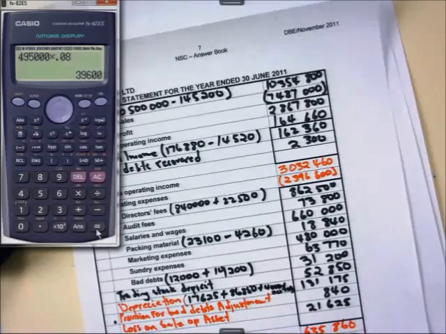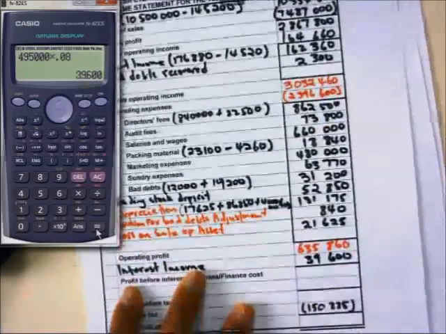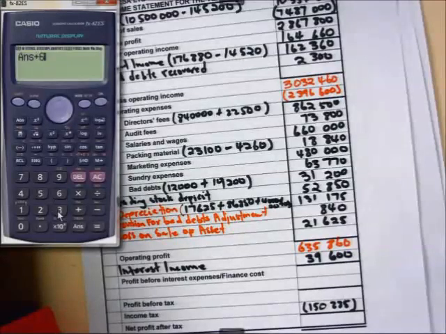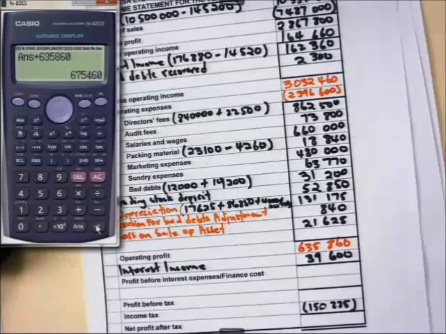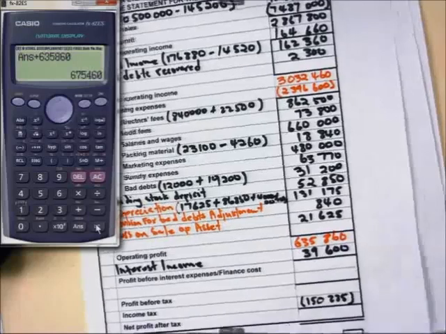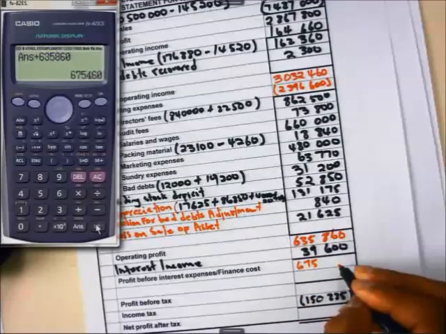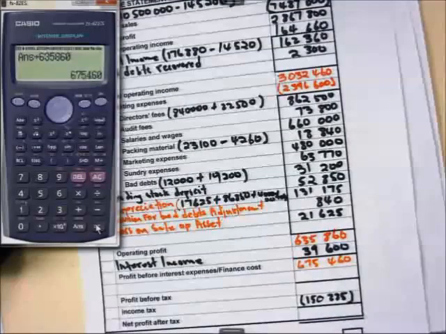So we add that to the operating profit of 635,860. Then it will give us 675,460. That is our profit before interest expense.